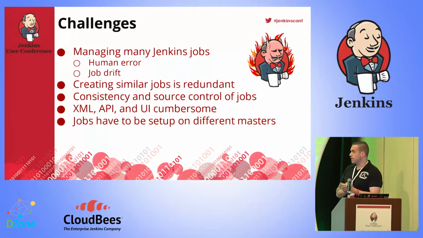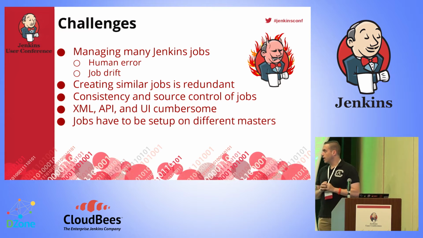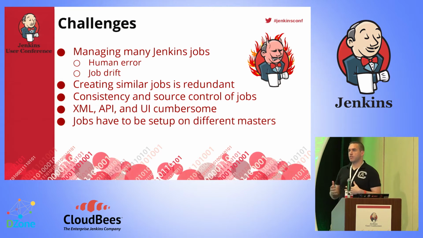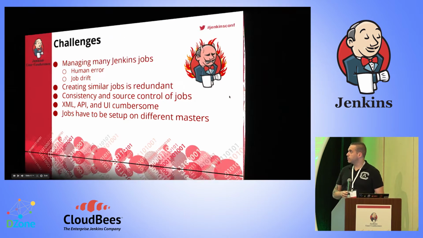Obviously the XML API and UI are very cumbersome to use for those purposes. And what if you had different masters, or you wanted to share these jobs with another team in your company? Maybe you have a large company and you want to share those jobs. Jenkins Job Builder makes that very easy to do.